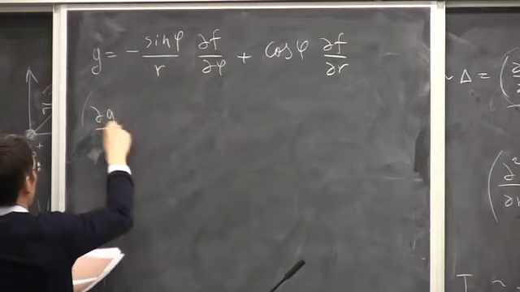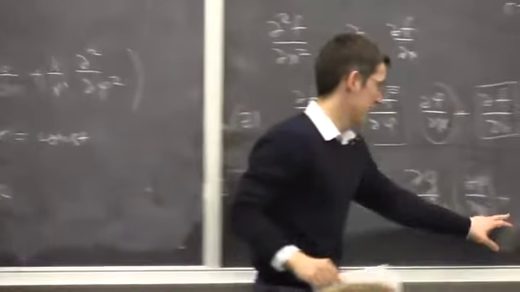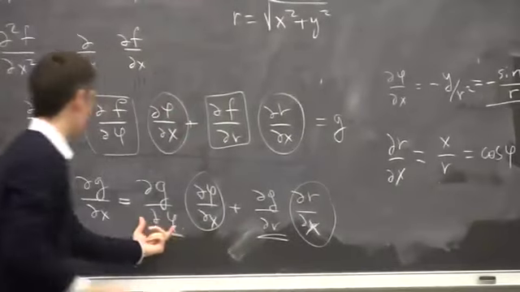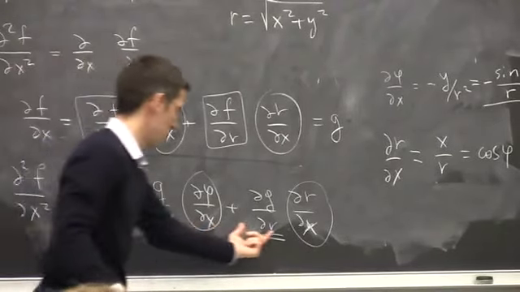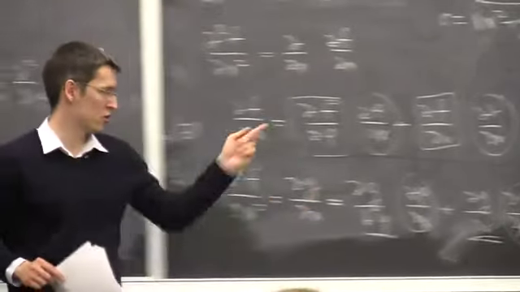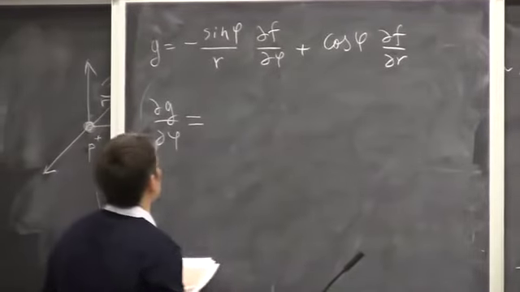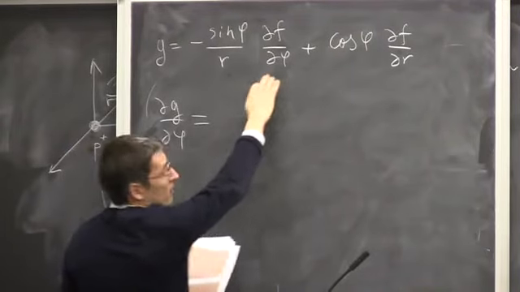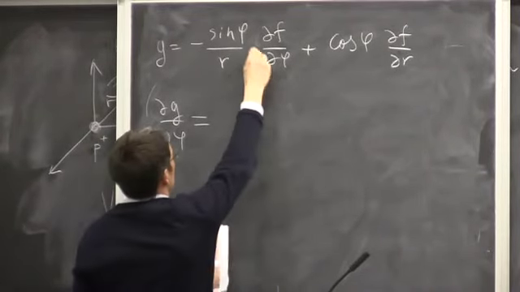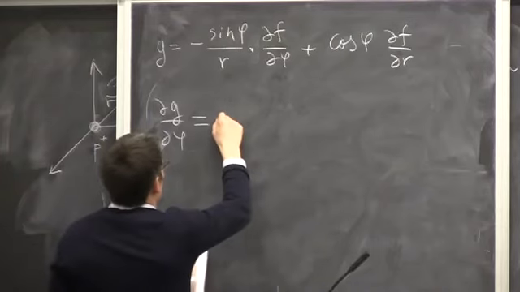Now, to obtain the second derivative, these guys I already know, so I need to understand what these partial derivatives are: dg over d phi and dg over dr. So for dg over d phi, I need to differentiate this part, and I should not forget about this part, so it's a differentiation of a product.